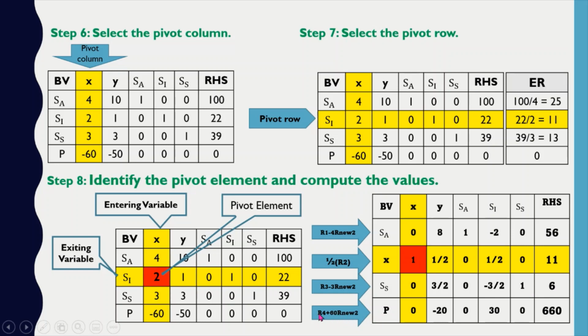So you have here R4. R4 plus, I add here 60 because the value of my variable right here in our X for profit is negative 60. That is why I add 60.